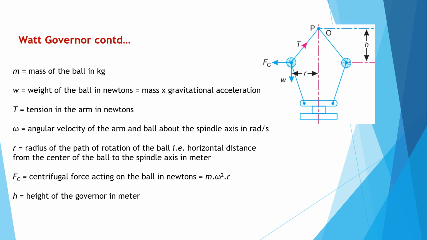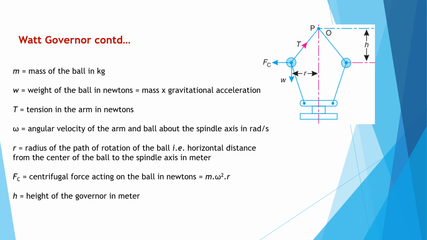Then the systematic explanation of the Watt's governor. In the Watt's governor, the weight of the arms, links and sleeve is negligible as compared to the weight of the ball, and the weight of the ball W is acting in the downward direction, that is mass into gravitational acceleration.